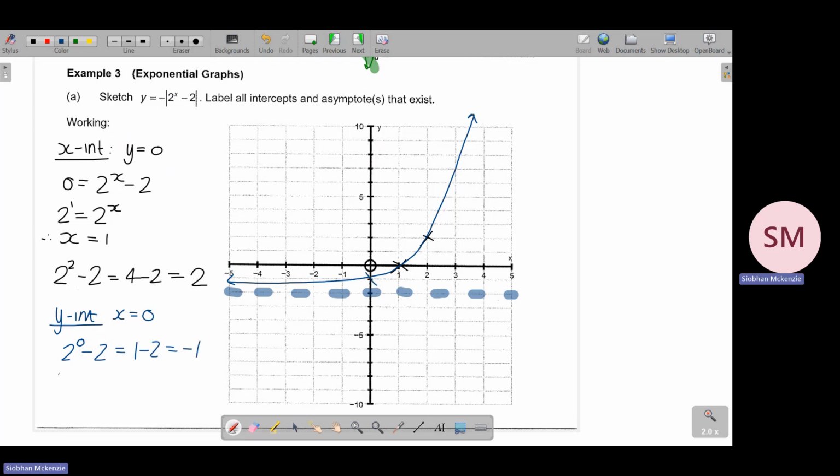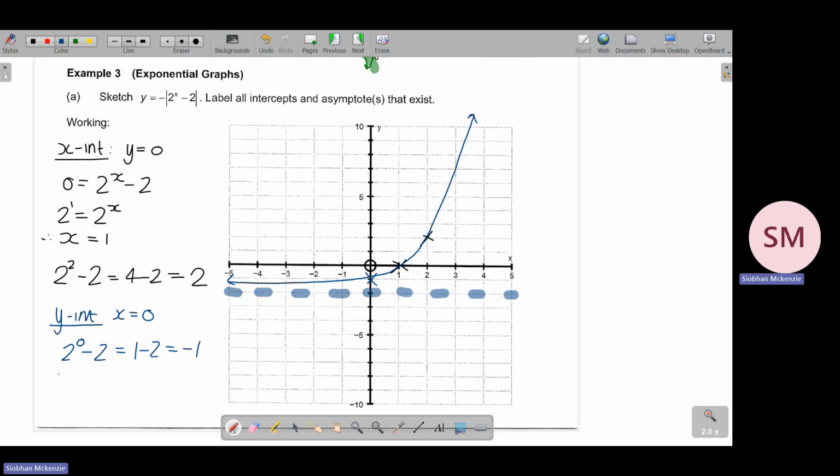So it should go through here. It should go through minus 1 on the y-axis, 1 on the x-axis, and the point 2, 2. Are you happy with that? Yeah. Great, we've got our pencil sketch.